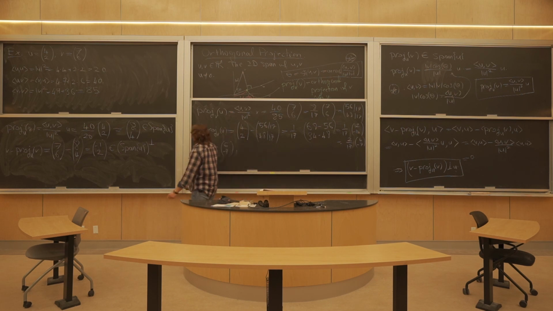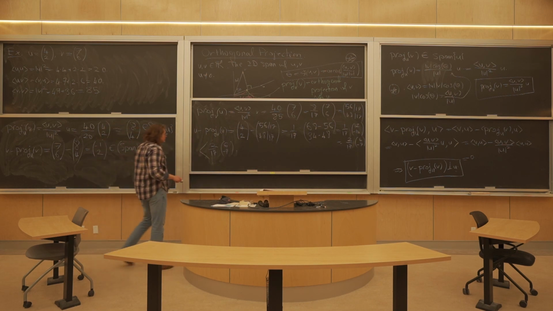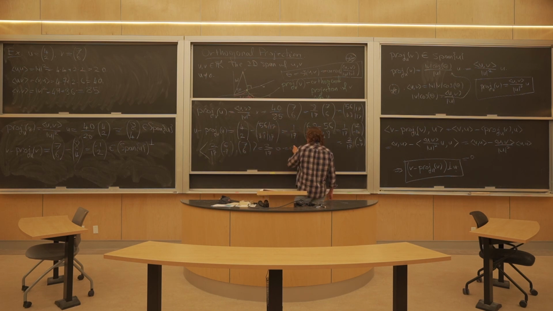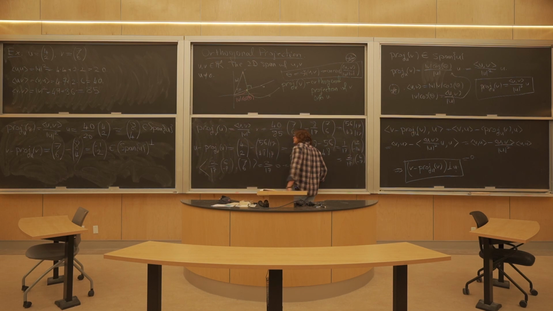In the second entry, I want to put V, 7, 6. It's like there's a mistake somewhere. Oh no, there's no mistake. Sorry. So this is 2 over 17 times 42 minus 42. This is 0. So you see again, whatever was left from my vector U is indeed orthogonal or perpendicular to V.